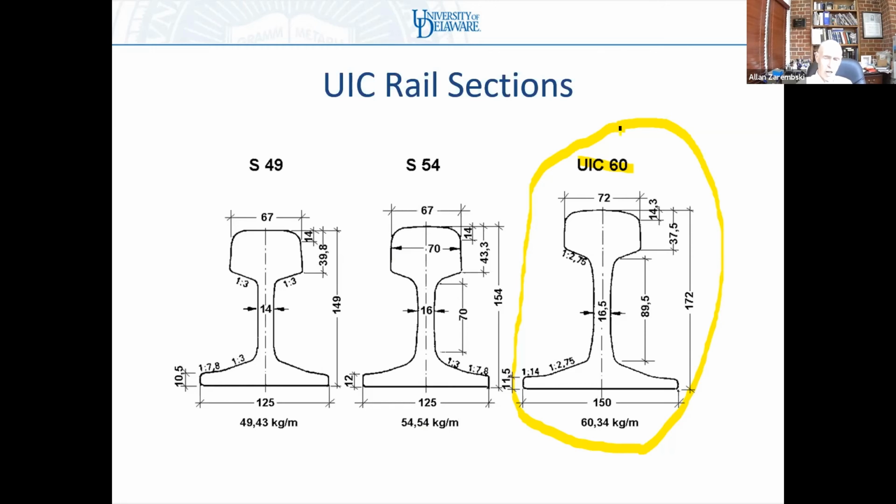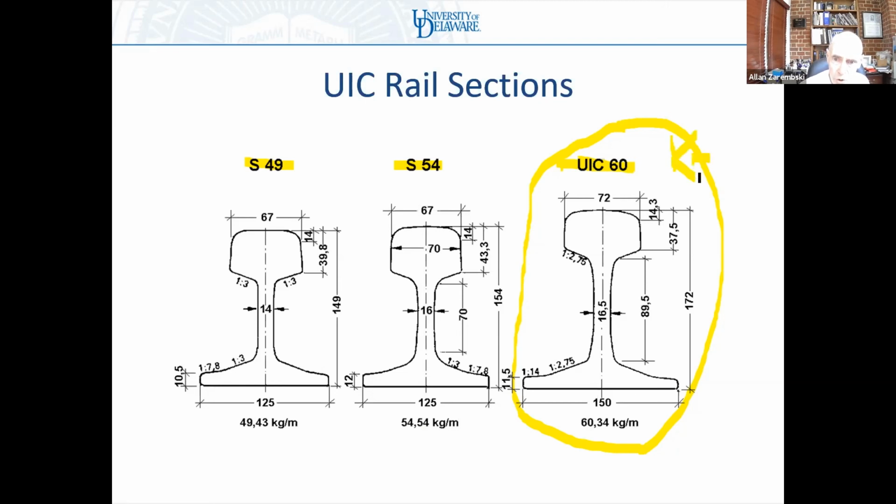Well, let's take a step back. Rail usually has a designation consisting of a letter and a number. So UIC 60 means that it's a UIC rail section. The section was developed, designed, and published by UIC, and it's 60 kilograms per meter.